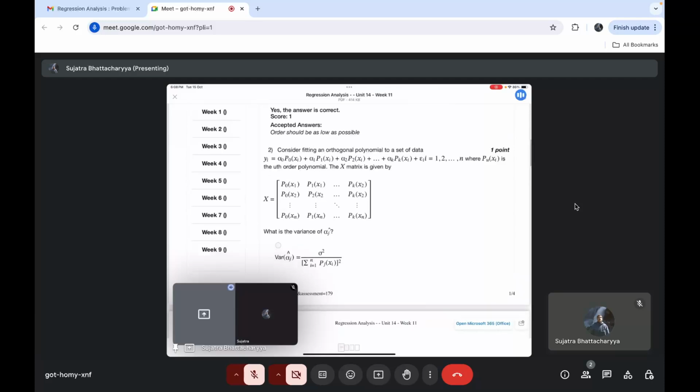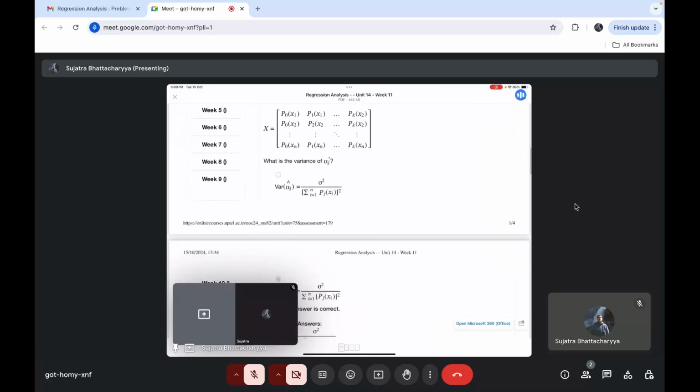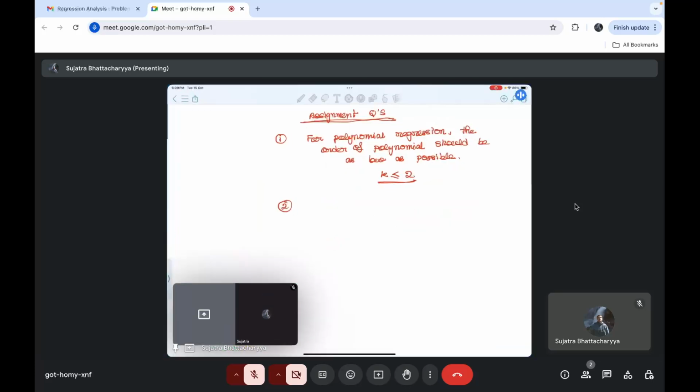The question is: what is the variance of alpha j hat in this kind of model?